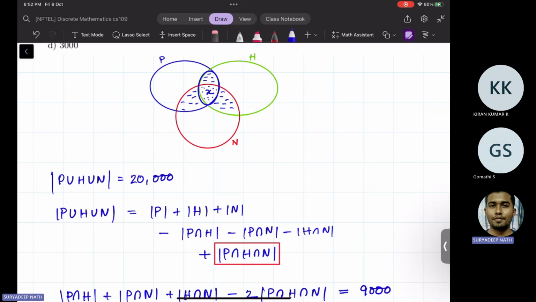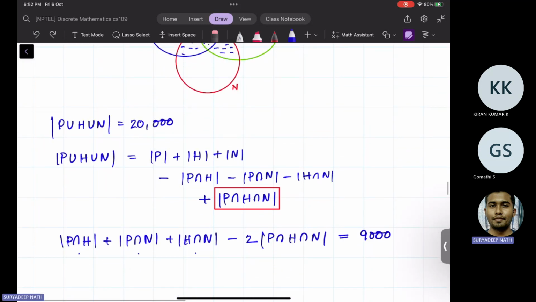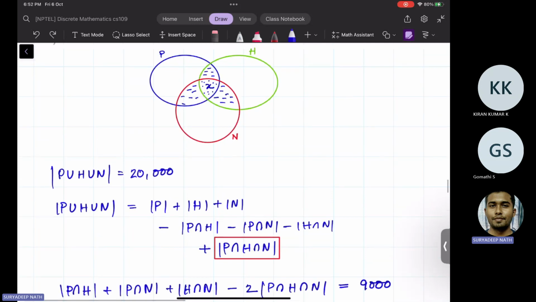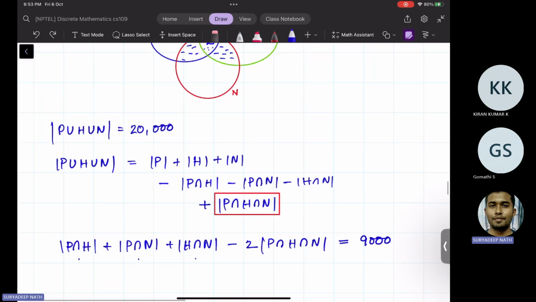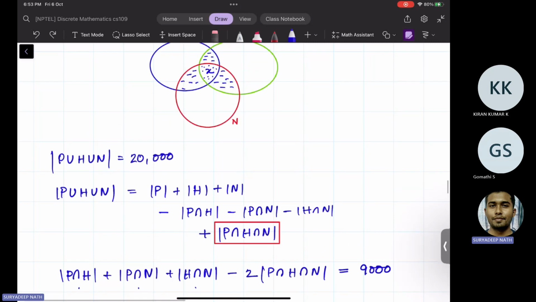The dotted portion is being counted once and the dashed portion is being counted once. Similarly, when I'm doing P intersection N, I'm counting the dashed region plus the dotted region. And H intersection N, I'm counting the dashed region and the dotted region. So this dotted region is being counted thrice, but it should have been counted only once.